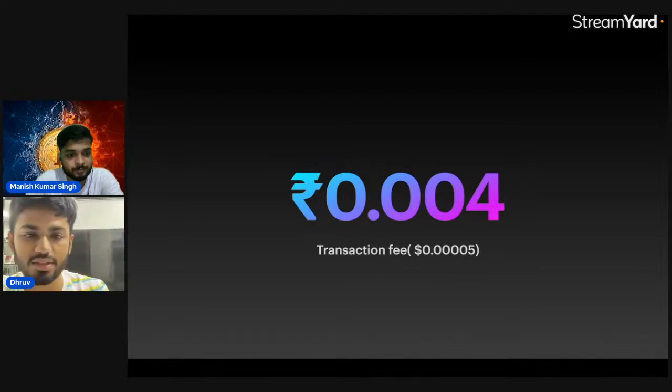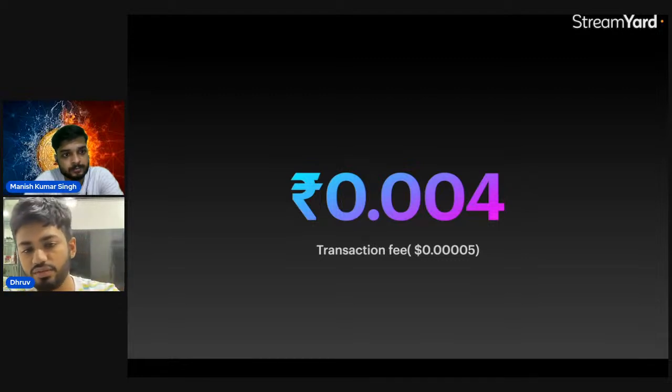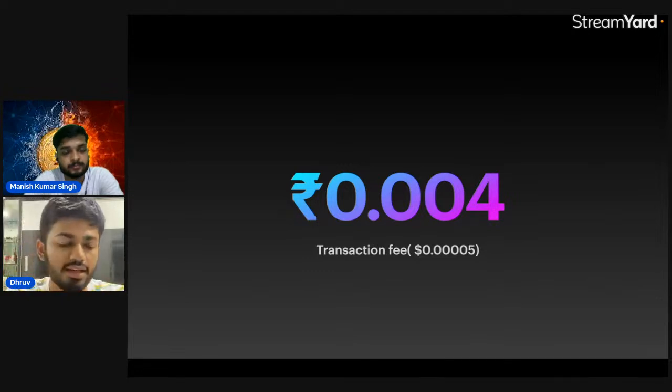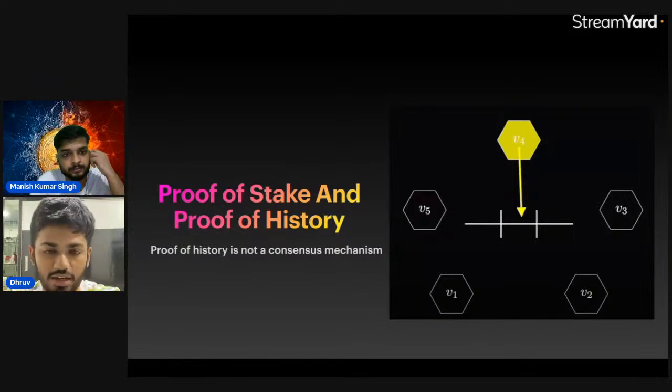And the best part is, what would cost $1 for a transaction elsewhere, you can do almost 1 million transactions for only $5. That's awesome. This can be achieved because of proof of stake and also something called proof of history.